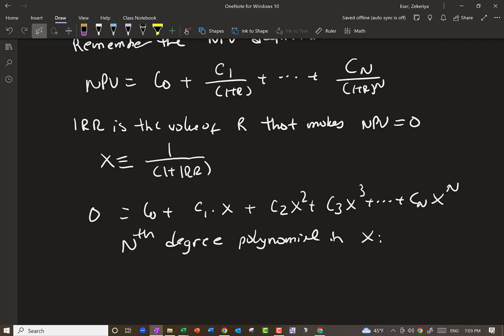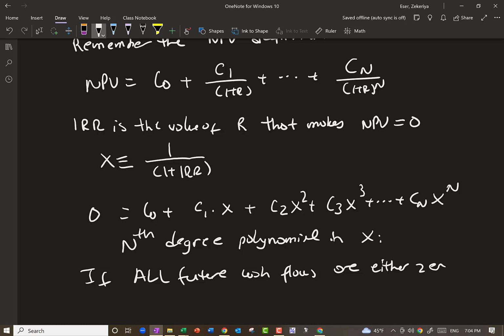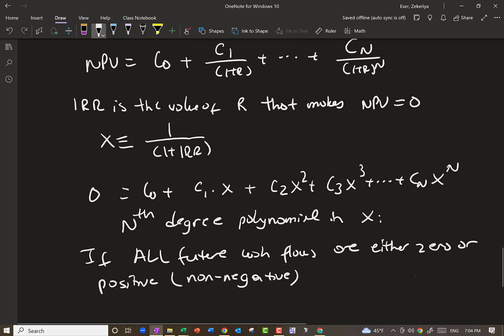But if all future cash flows are either 0 or positive, it's a long way of saying non-negative. I love mathematicians because of this. They can be precise with very economical terms. Non-negative.